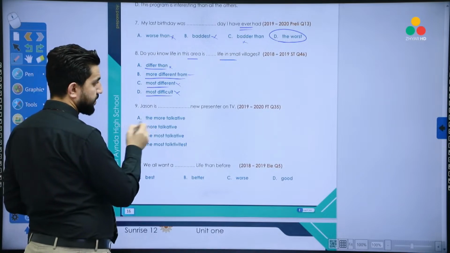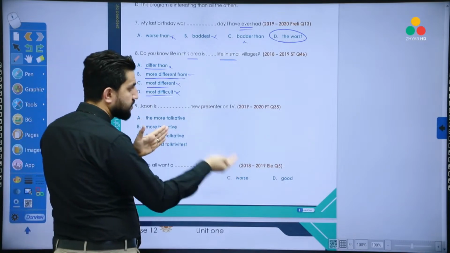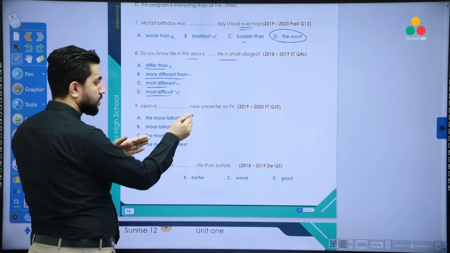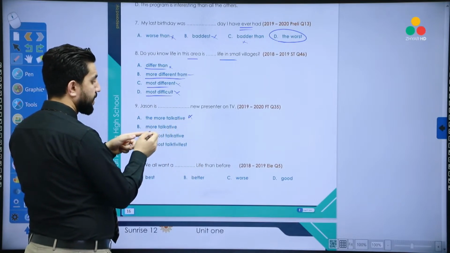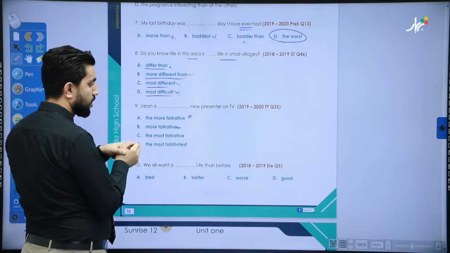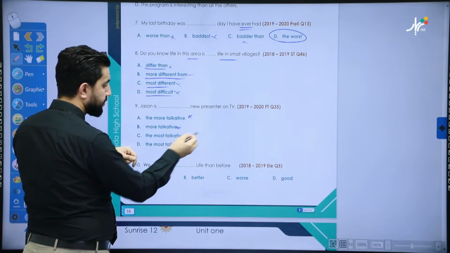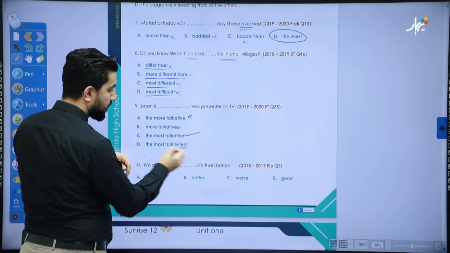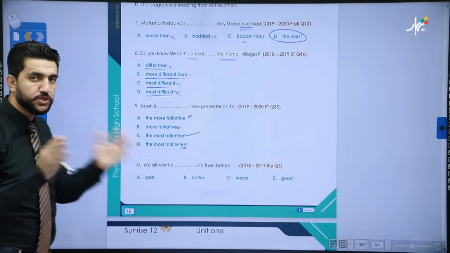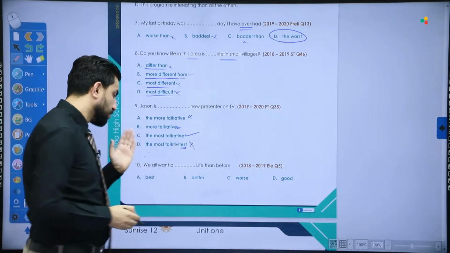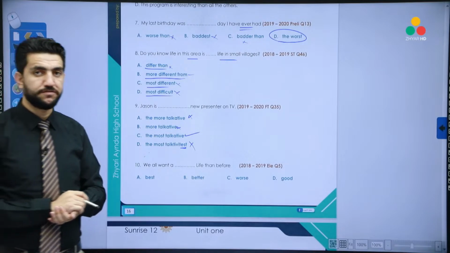"More talkative": talkative than somebody? So that means it's wrong. More talkative is also wrong. The most talkative, not "the most talkativist". We don't use it this way. We said most and EST never come together, so we say the most talkative, okay?